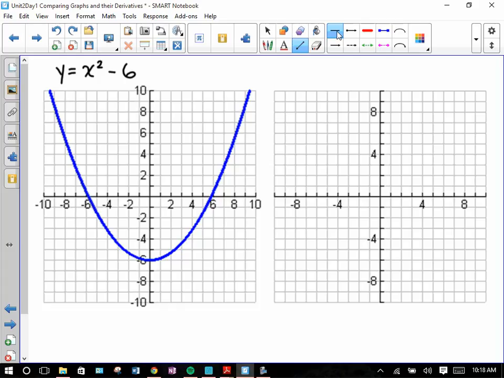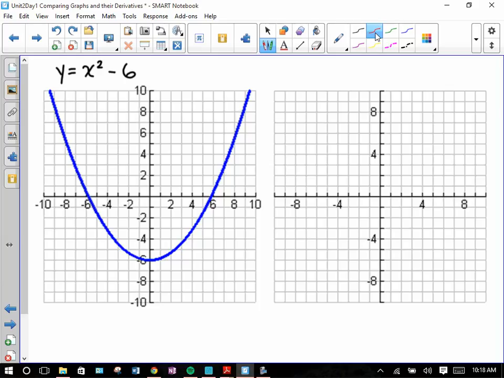Oh, that's 3. That's 3 over 1. Alright. So let's take some points to look at. If we look right here, let's look at x equals negative 8.